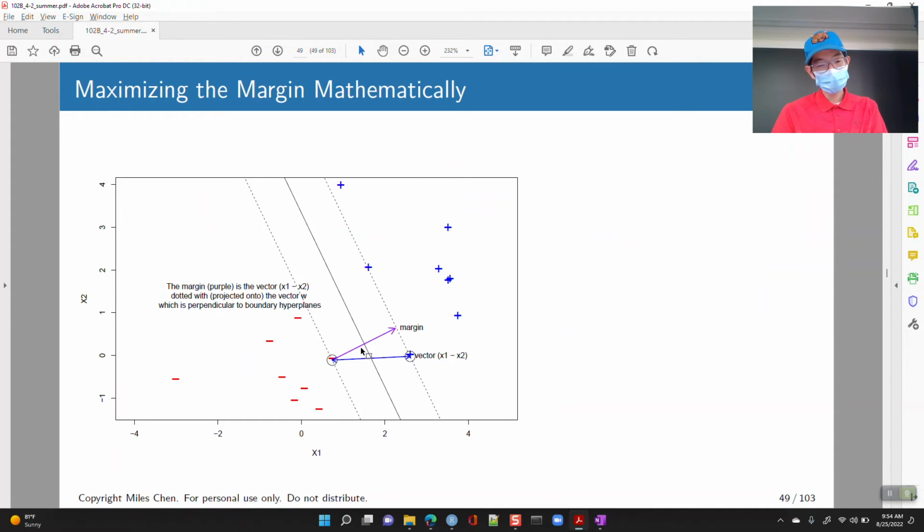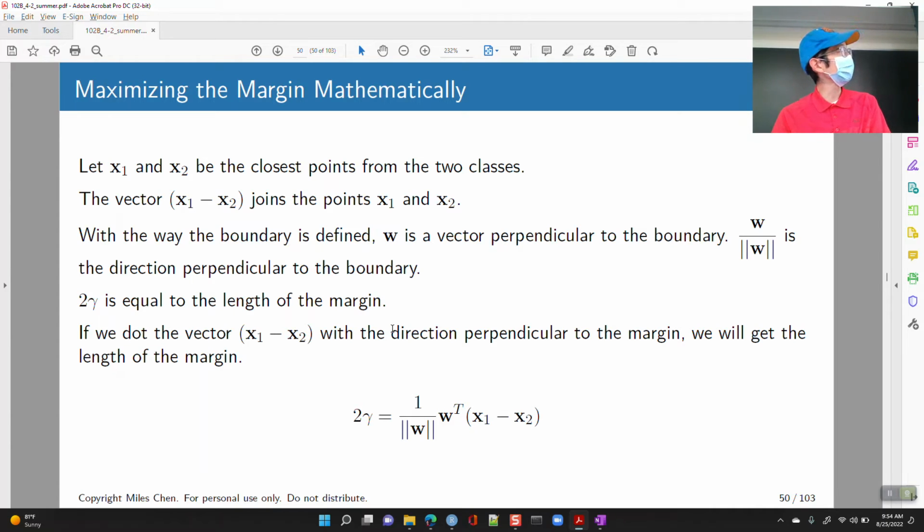And so we're going to arbitrarily define the width of this margin to be 2 times gamma. We could have just picked gamma, but we're going to say it's 2 gamma. If we do this, then the length of the margin, 2 gamma, is equal to W over the norm of W, a vector of length 1, dotted with, or W transpose times, that vector x1 minus x2.